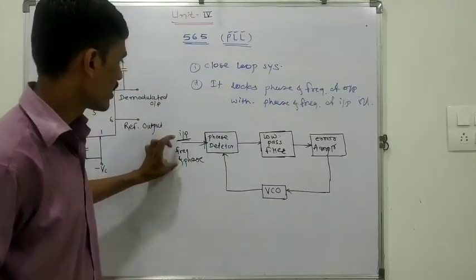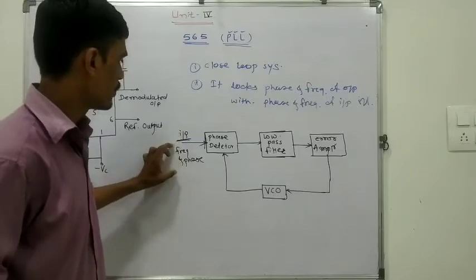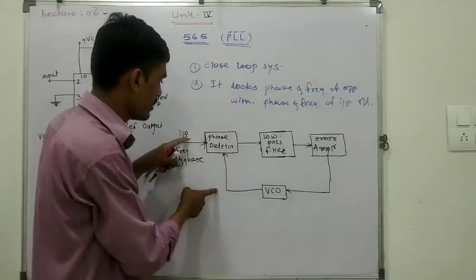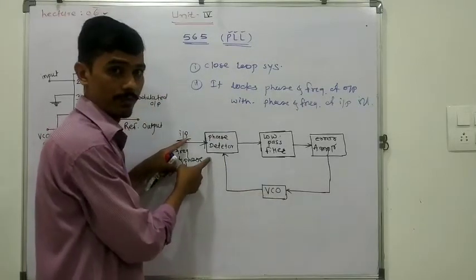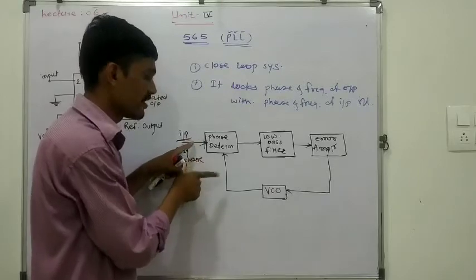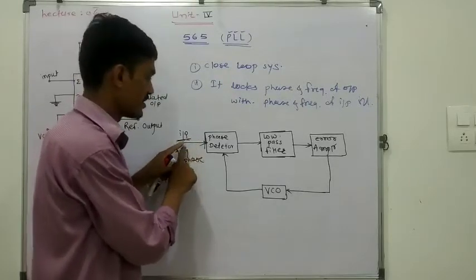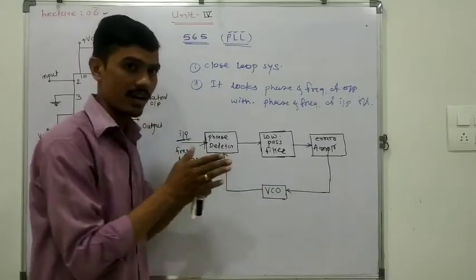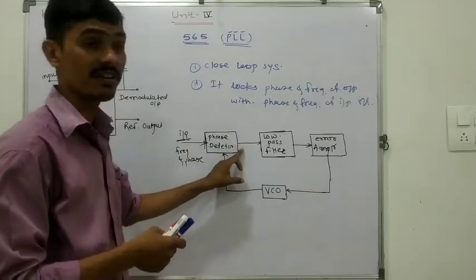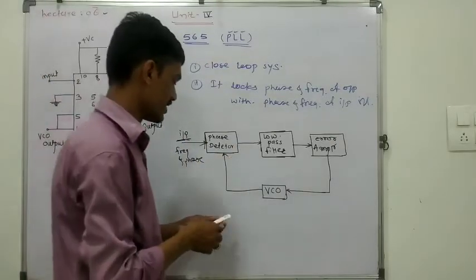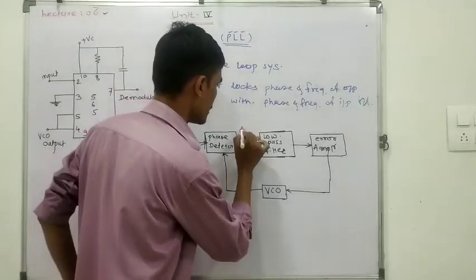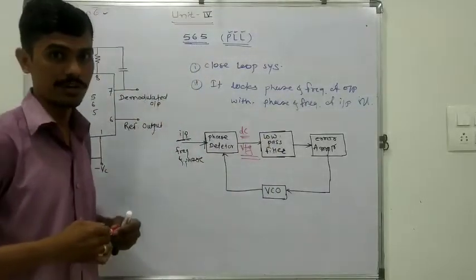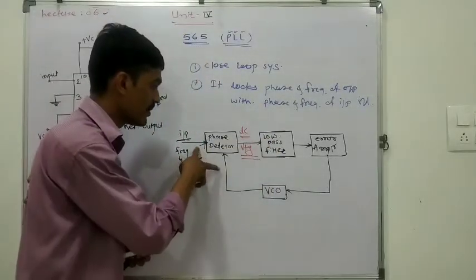Now we are providing the input signal with some frequency and phase. What the phase detector does is compare the input signal and the output of the VCO. If it finds some difference between these two frequencies, it generates a difference signal in terms of DC voltage, which is the result of the difference between these two signals.